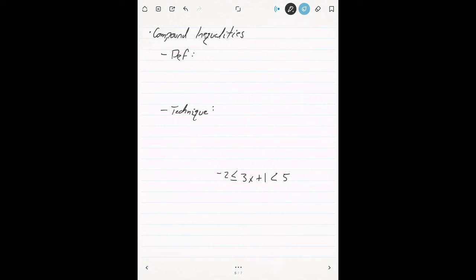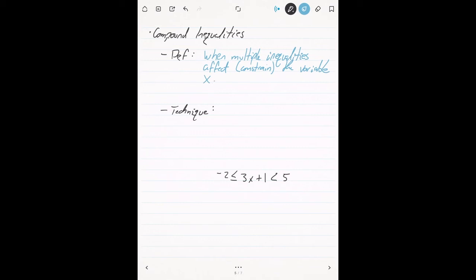So we can say a compound inequality is when multiple inequalities affect (constrain) the variable x.